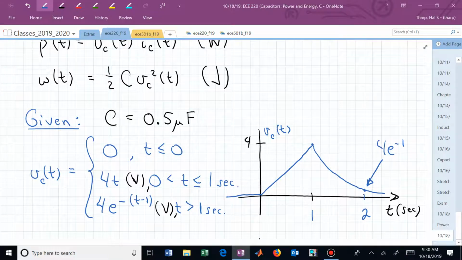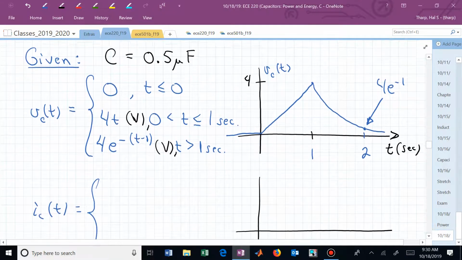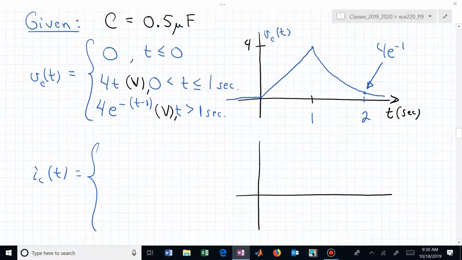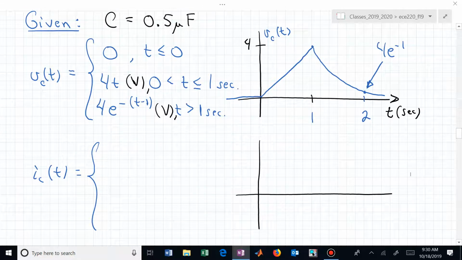That's our voltage waveform. What's our current? Our current will also have 3 unique functional forms. The first one, I'll do that. That's the hard one.